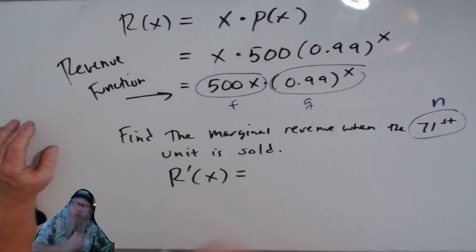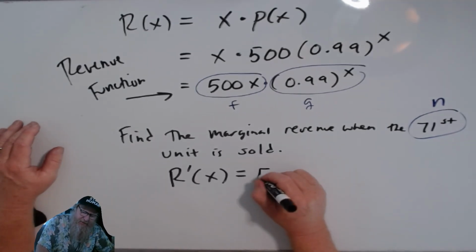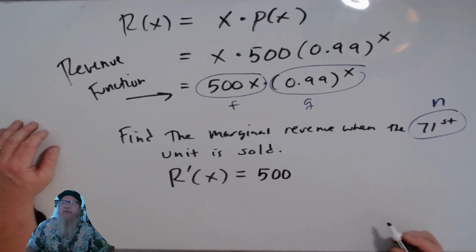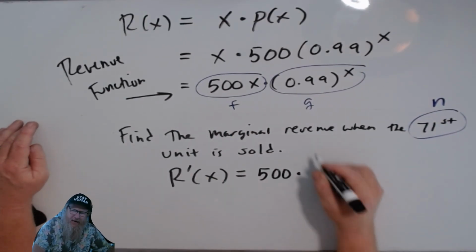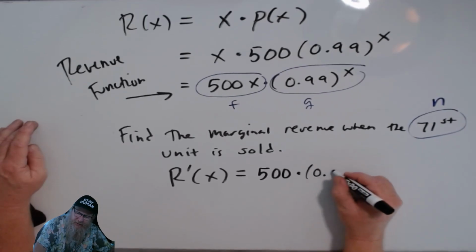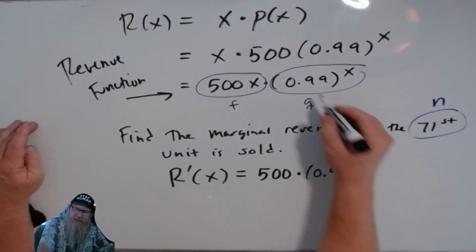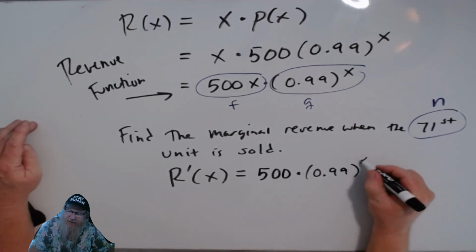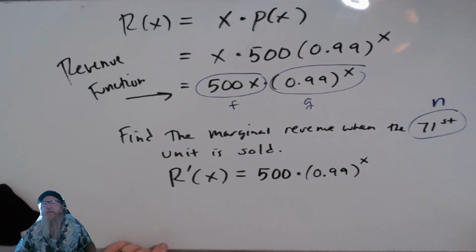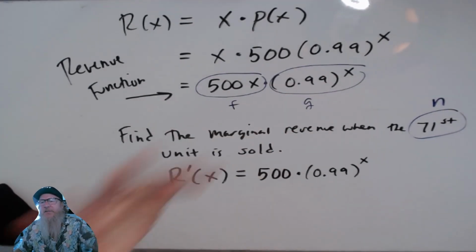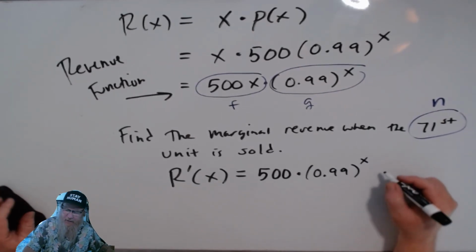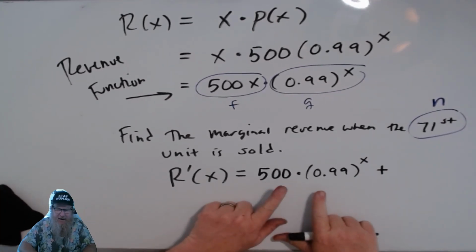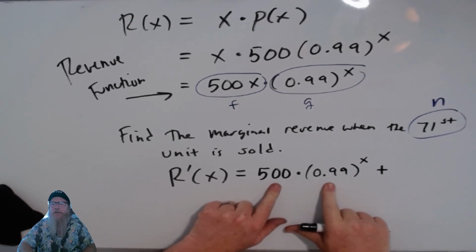All right, f prime is 500. f is 500x, times g. g is 99 cents, that's what that means, 99 cents to the x power, or 99 hundredths, 0.99. So that's f prime and that's g.